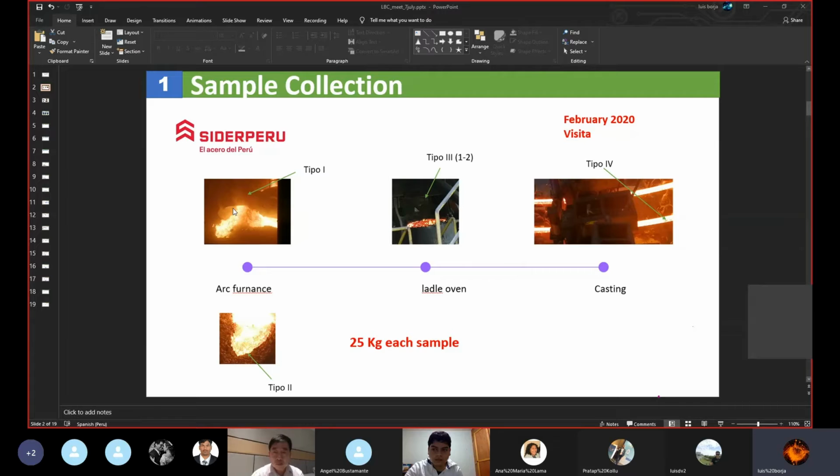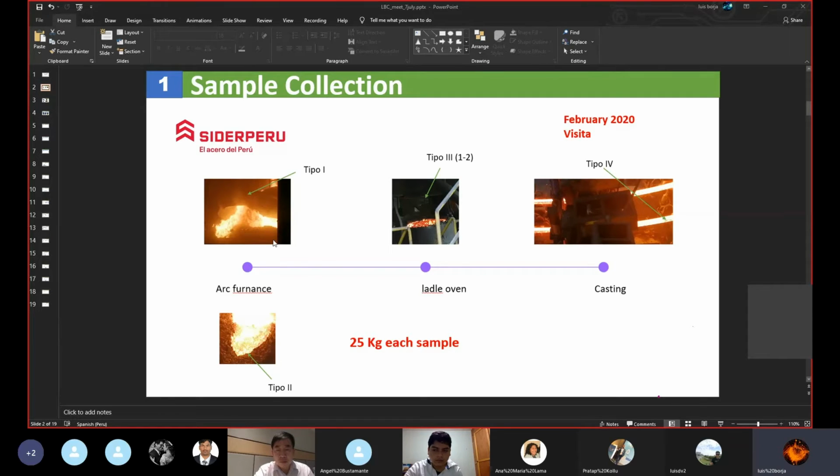One is type 1, the red powder that is flowing when they fill the arc furnace. The other type of slag that is formed is when they are melting the steel trash. It appears to be like a black slag. We name this type 2.